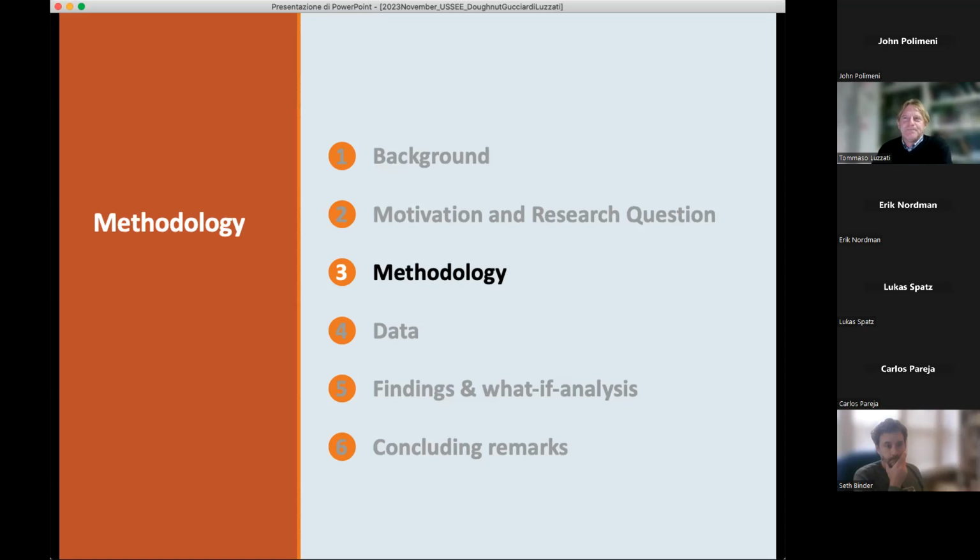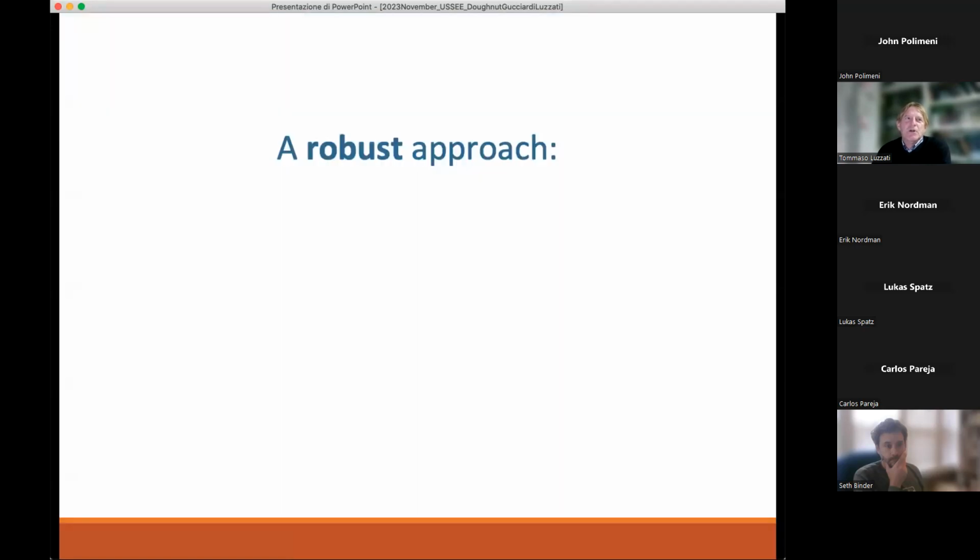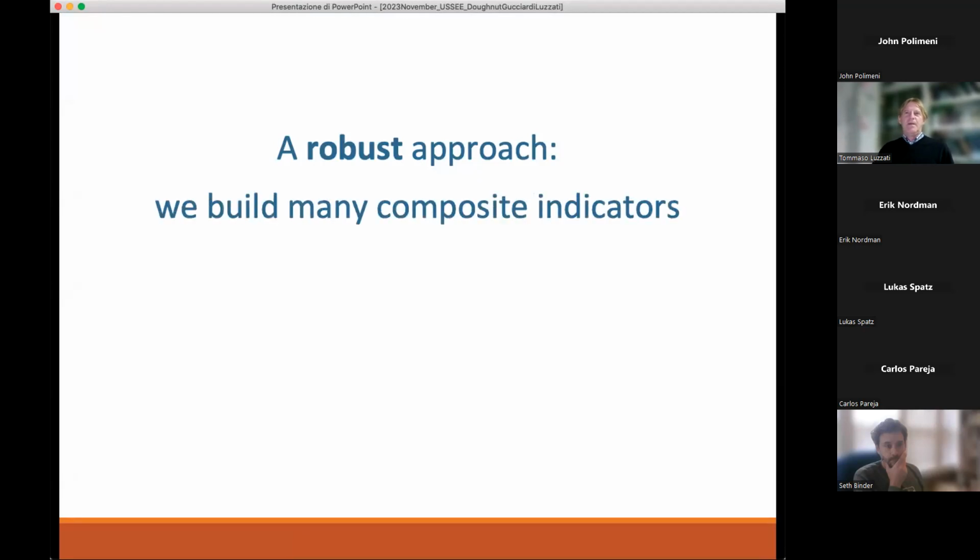And so let's go a bit more into the methodology. Our idea is to have a robust approach to composite indicators. The idea is to build many composite indicators rather than a single one.